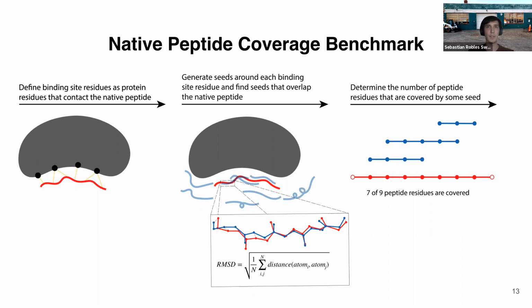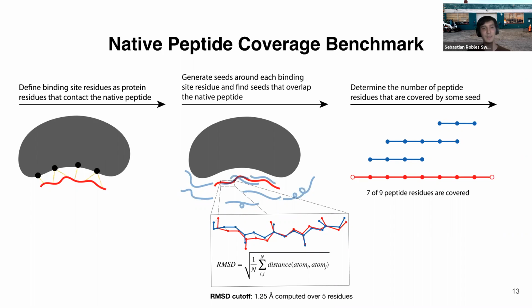In terms of the actual definition of overlap or alignment for defining coverage, you have to say whether something is the same or not. So we use this definition of RMSD, and we defined a cutoff of 5 residues with the cutoff being 1.25 angstroms.